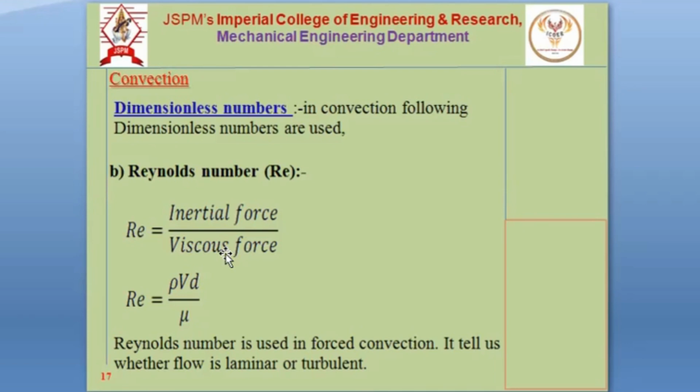If you see the formula, rho v d by mu, it indicates that if you go for a smaller diameter, the flow will go towards the laminar range.